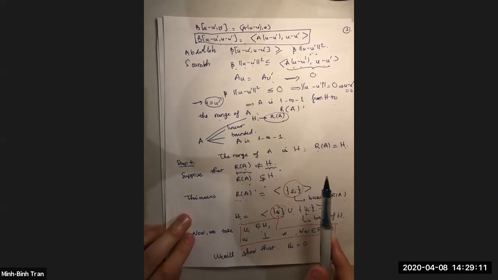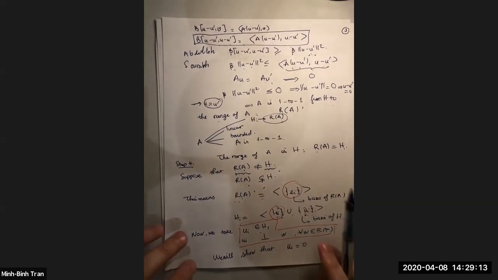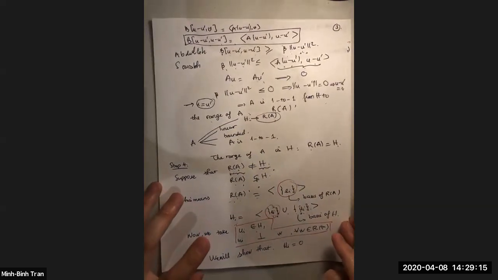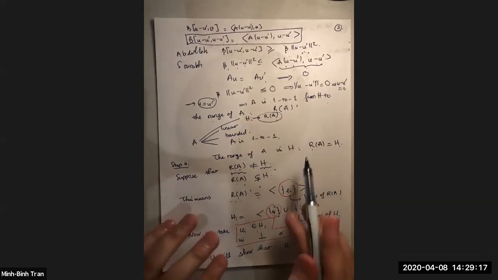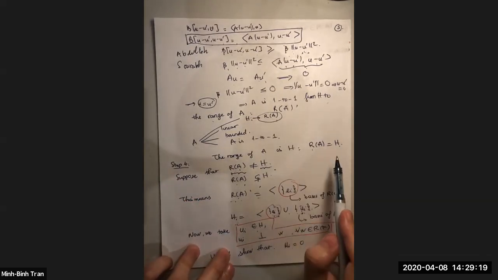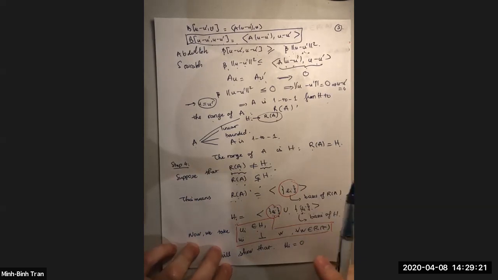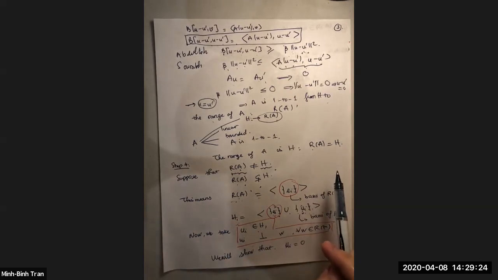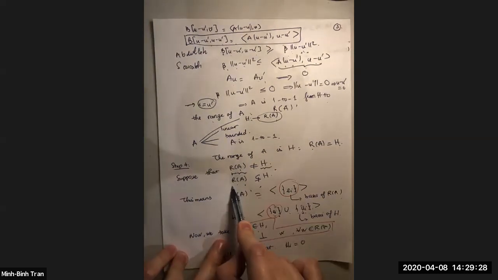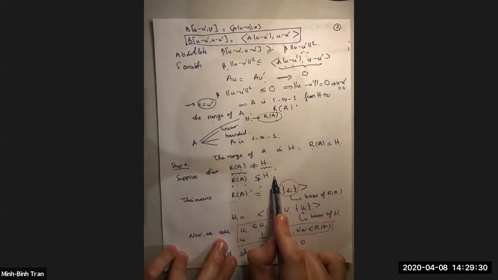Now, the next step that I want to show you is that this operator is very nice, in the sense that the range of this operator is equal to H, the whole H. So I'm going to suppose the contrary. I suppose that this vector space is a subspace of H, but it is completely different from H, right?